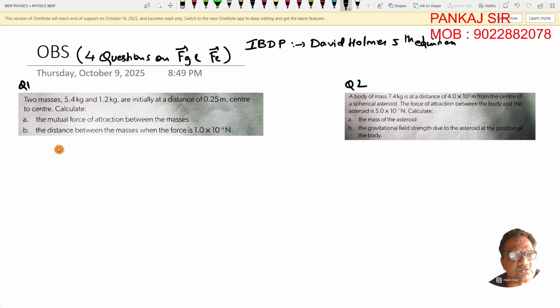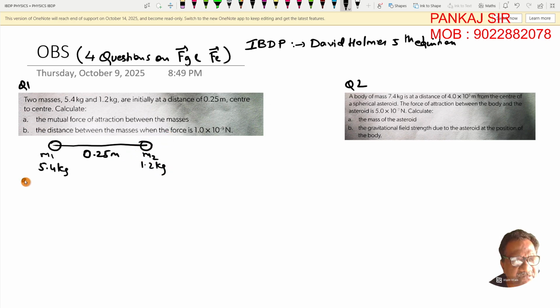Let us take the two masses to be M1 and M2, separated by a distance of 0.25 meters, and the masses are 5.4 kg and 1.2 kg. This is the information given in the question.